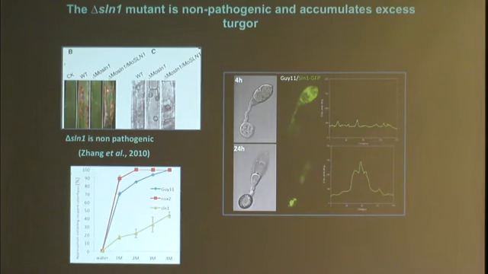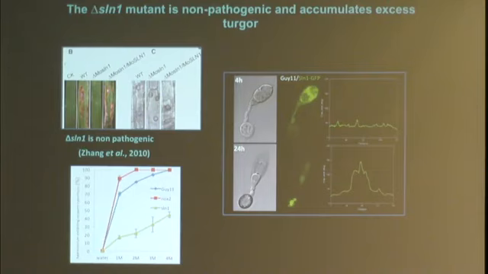And luckily for us, another group in China already published the mutant of this SLN1 kinase. As you can see, when you knock out this kinase, it becomes non-pathogenic. Here you have the wild type rice blast fungus. You can see it causes lesions. When you delete this kinase, it cannot cause any lesions anymore. And if you complement, if you put this gene back, then you recover pathogenicity.